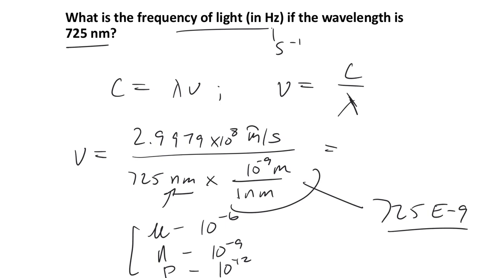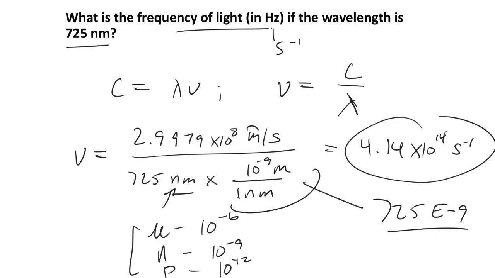So I'm doing 2.9979 e8 divided by 725 e minus 9. There's other ways to put this in your calculator too. So that's 4.14 times 10 to the 14 inverse seconds.